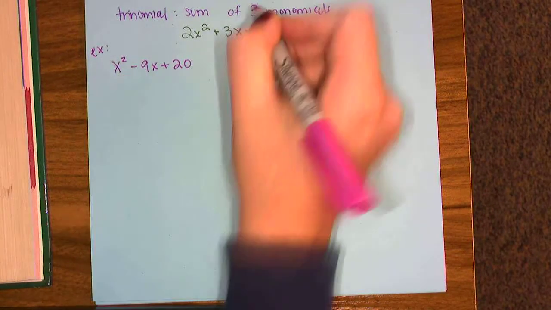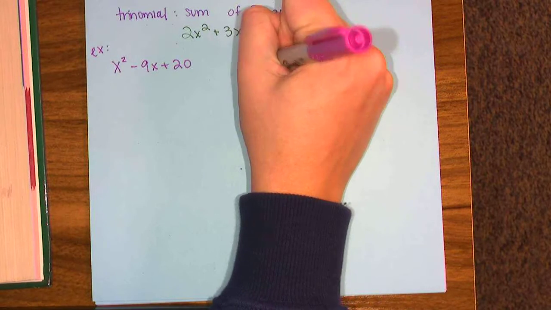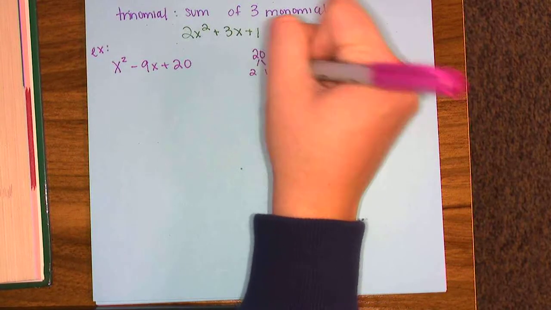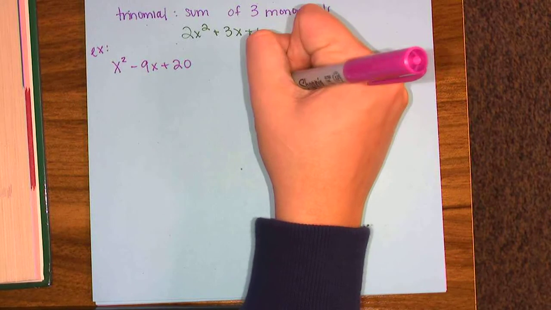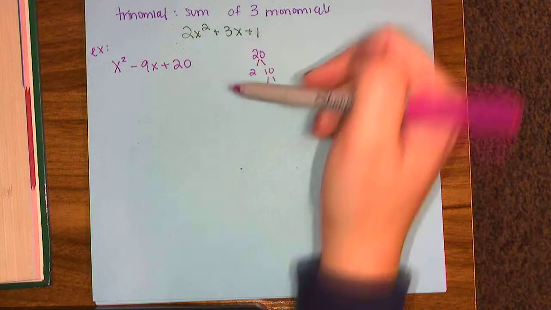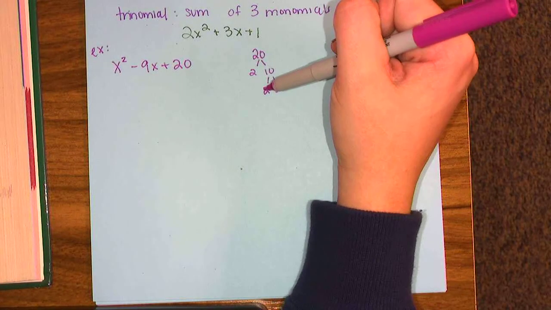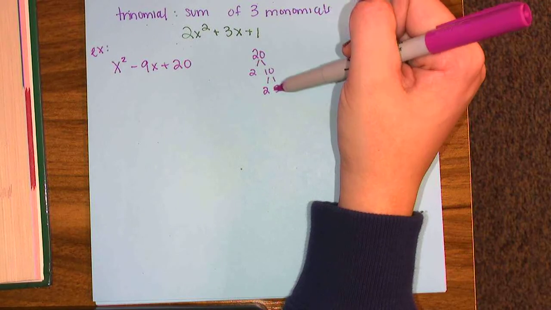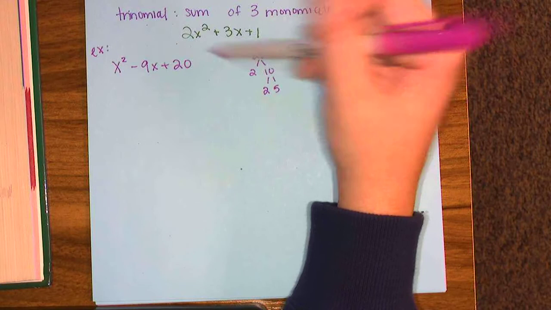So I have 20, so I can break 20 into 2 and 10. 10 can go into 2 and 5. Now I can look at my factor tree and come up with different combos. I can have 2 times 2, which is 4, and 5, and 4 plus 5 would be 9.